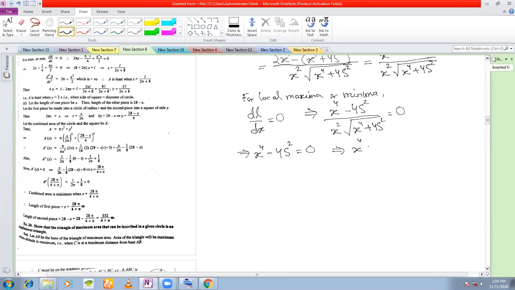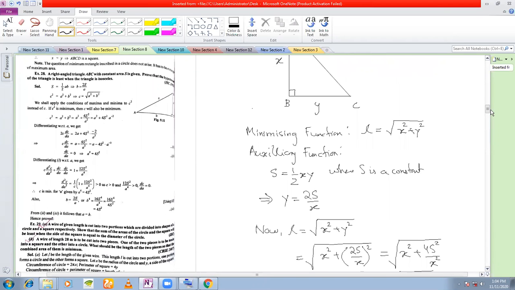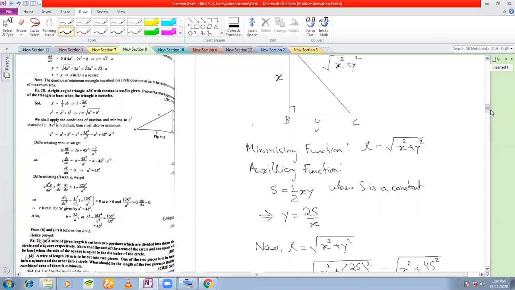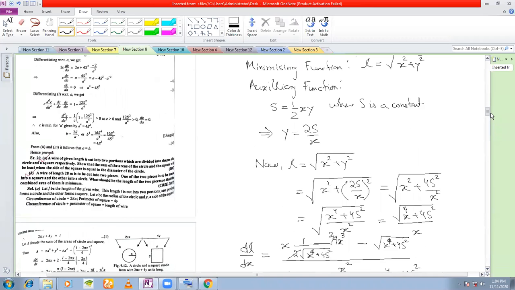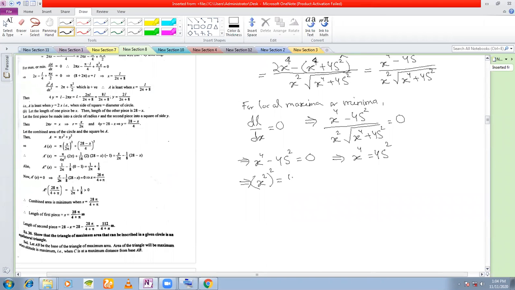That means x to the power of 4 is equal to 4s square. Right? Now you take the square root: x square is equal to square root of 4s square, which is 2s. Therefore, what is x? Square root of 2s. Right or wrong?